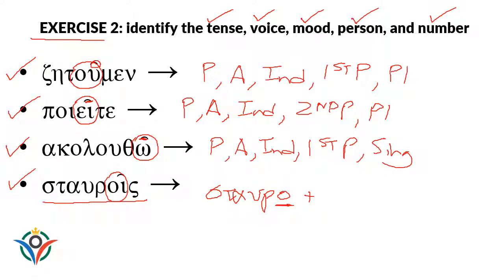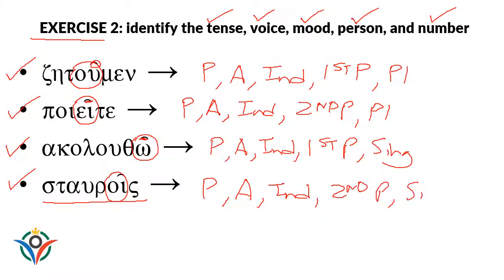And this is meeting a second person singular verb ending, which is ace. All right, and so the diphthong a has contracted with the omicron to form starois. All right, so if we had to parse this, it would be a present, active, indicative, second person singular.